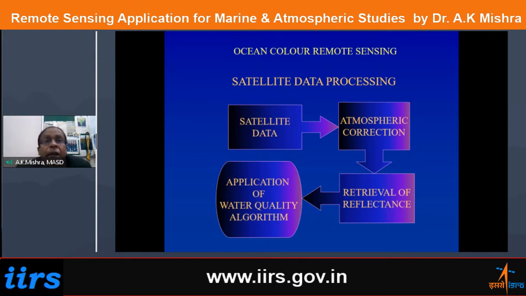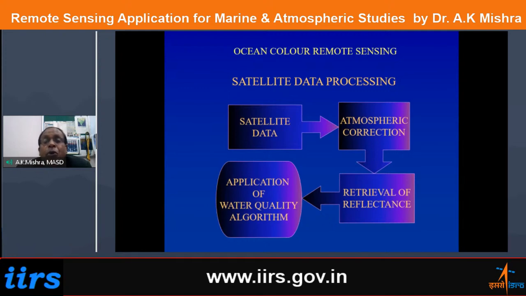Apart from that, absorbing atmospheric gases like ozone and carbon dioxide absorb the incoming as well as outgoing radiation, affecting the transmittance of the atmosphere.